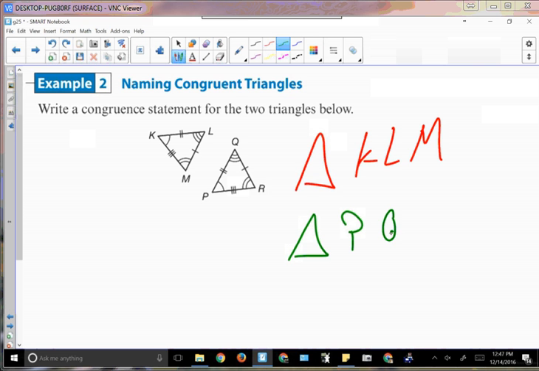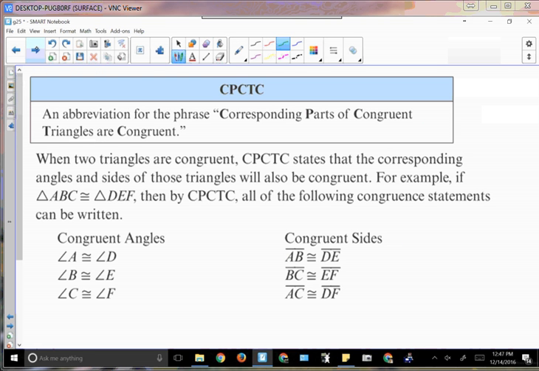Well, that would be Q, correct? Which one corresponds to M? Well, that would be R. So I end up with PQR. And that's how we have to identify it. Now, mind you, you got to put the triangle symbol out in front of it, otherwise it's meaningless to us. Okay? I'll give you a few moments to put that in.